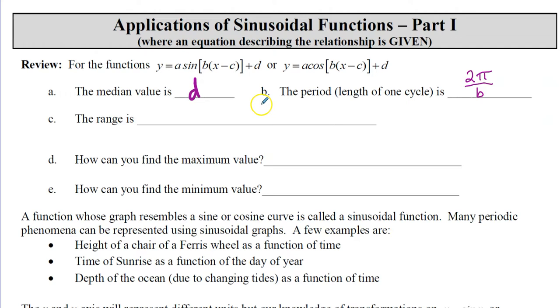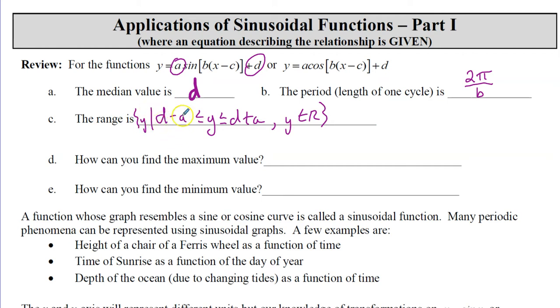The range: if this is the middle, and this is the variance from the middle, then we will go from d minus a to d plus a. And we'll set all y such that.